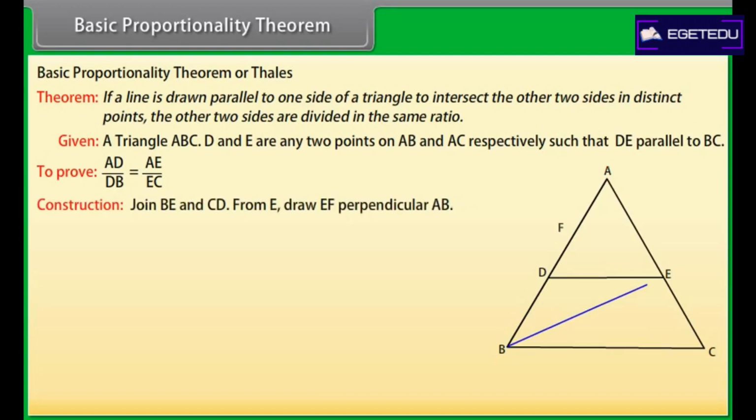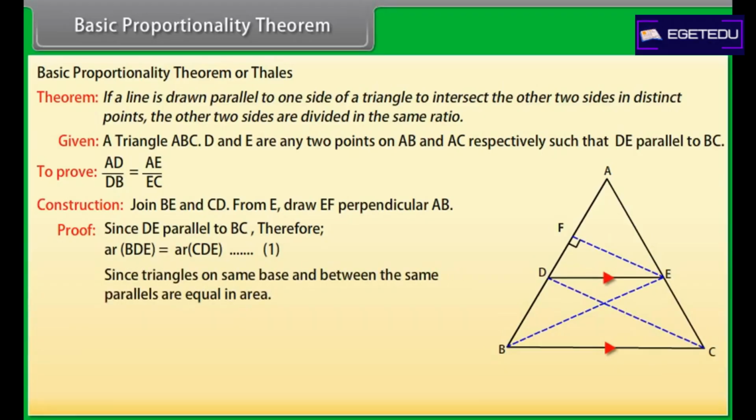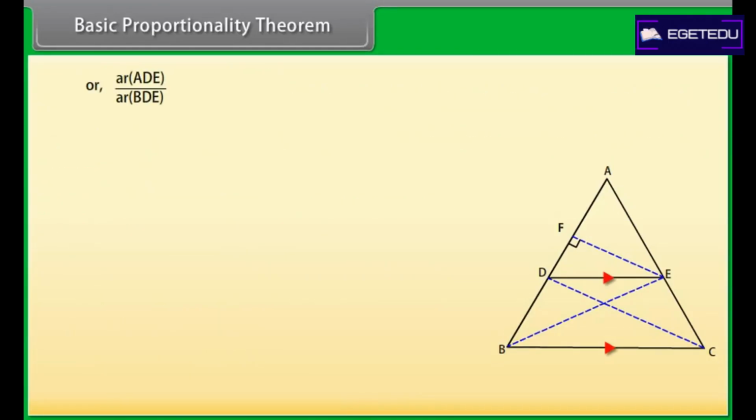Construction: join BE and CD. From E, draw EF perpendicular to AB. Proof: since DE is parallel to BC, the area of triangle BDE equals the area of triangle CDE. Mark it as 1. Since triangles on the same base and between the same parallels are equal in area, and since the area of a triangle is equal to 1/2 into base into altitude, area of triangle ADE upon area of triangle BDE is equal to AD/BD.